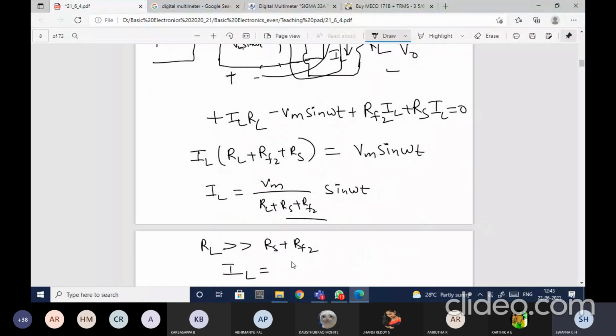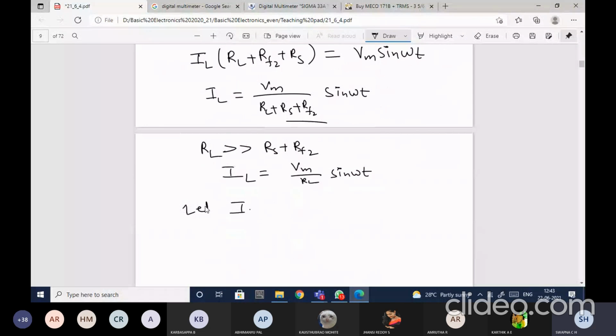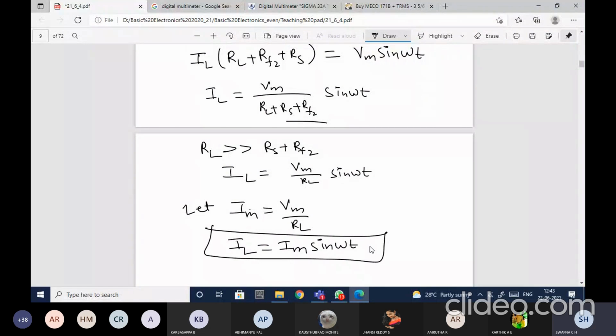So I will have IL equal to Vm by RL into sin omega t. Here let Im be equal to Vm by RL. So IL will be equal to Im sin omega t. This is the equation related to your negative half cycle, and this is from pi to 2 pi.